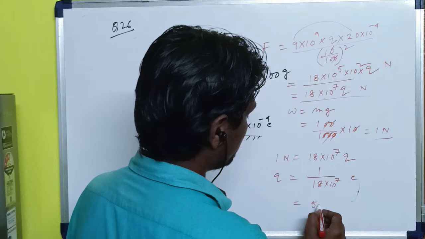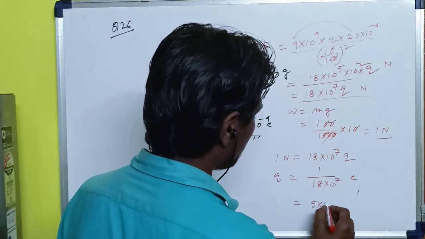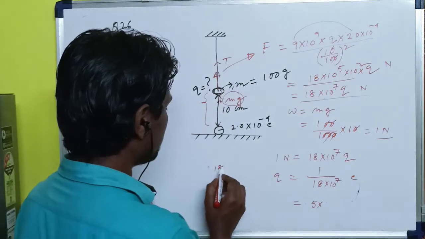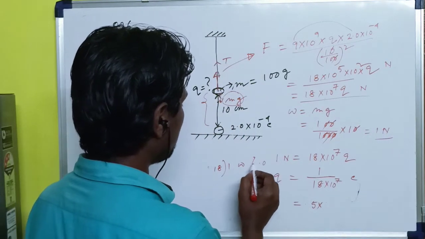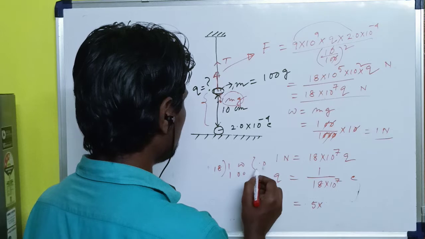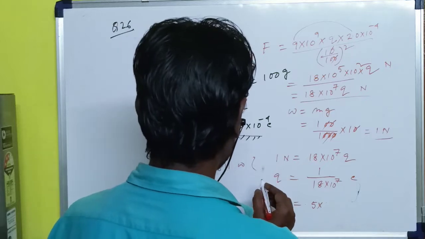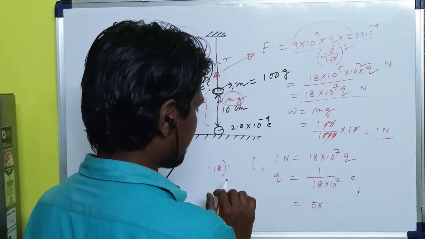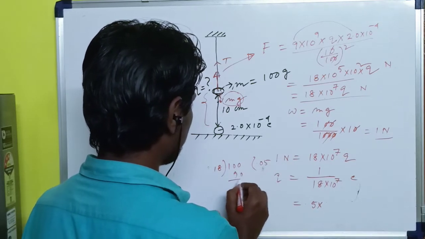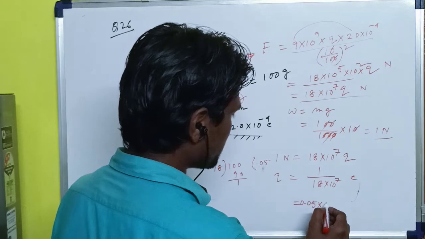1 by 18 is approximately 0.05, so 0.05 into 10 to the power minus 7.